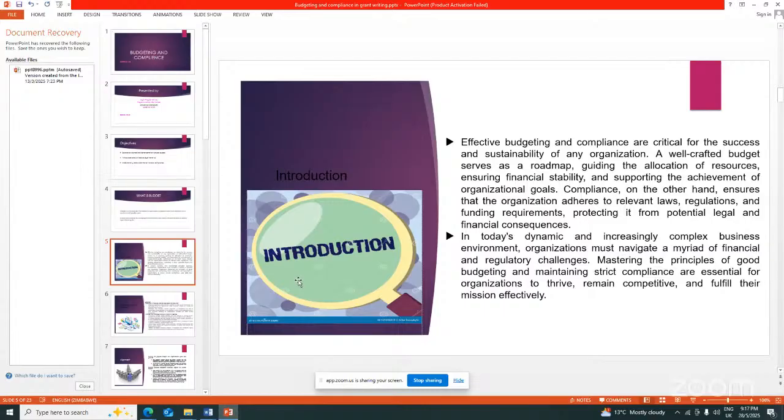I need you, colleagues, to take note on this one: when we are writing a budget, yes, we are writing it for a specific grant, but it should not divorce from the organization's mandate and strategic plan.